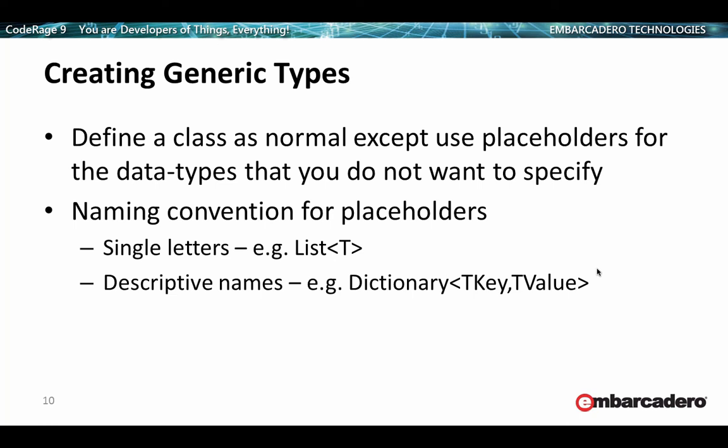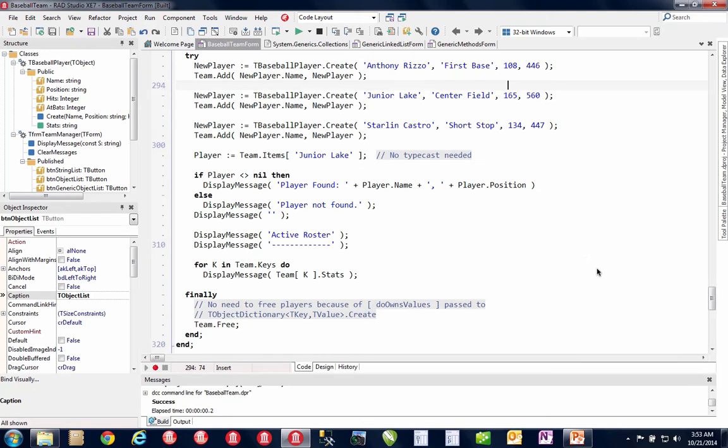If there's just one, you will do that. If you have multiples, then you might reference a name so that it's a little clearer as to what you're dealing with. So the dictionary version uses TKey and TValue. But it's pretty straightforward. So let's take a look at some code to see what makes all this work.